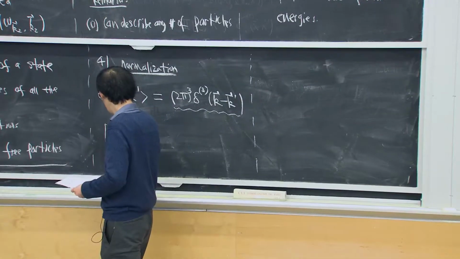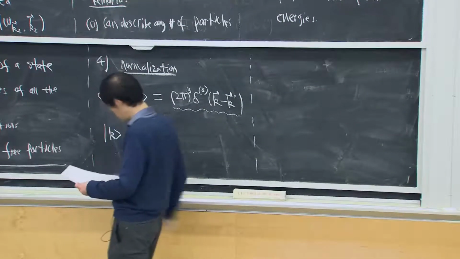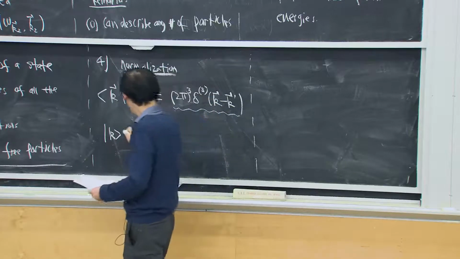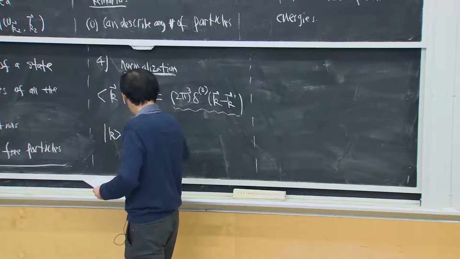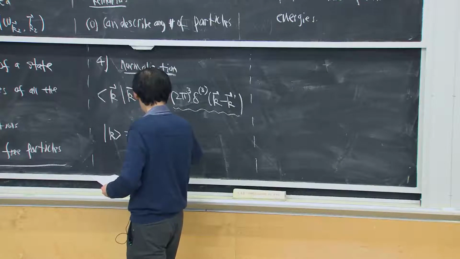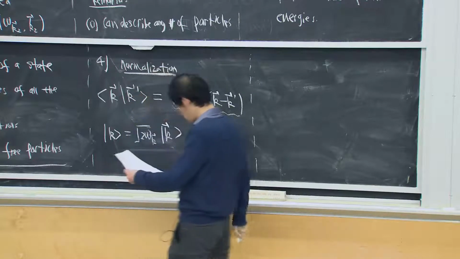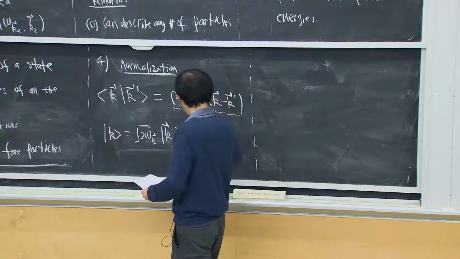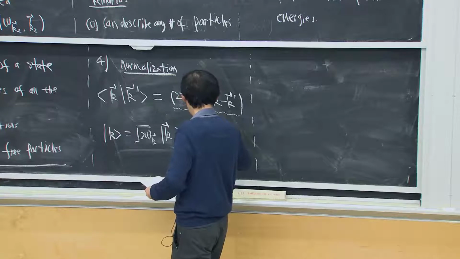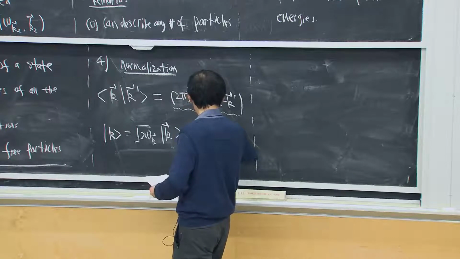Instead of this state, we will define the following state. I will define |k>, now without the vector, to be the square root of 2 omega_k times a_k dagger acting on |0>.